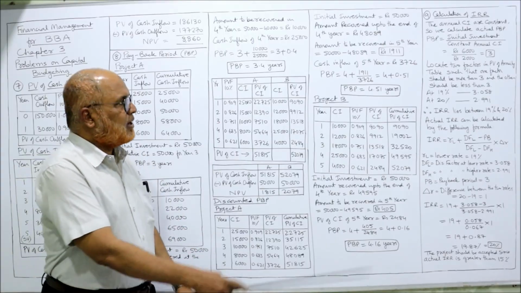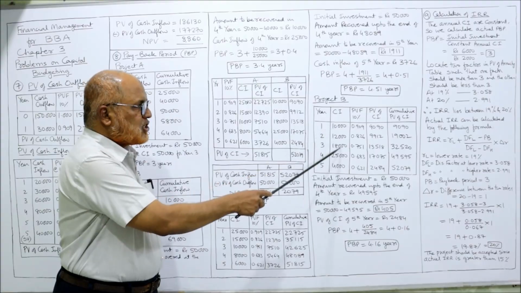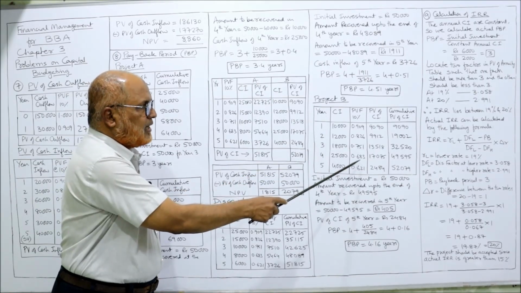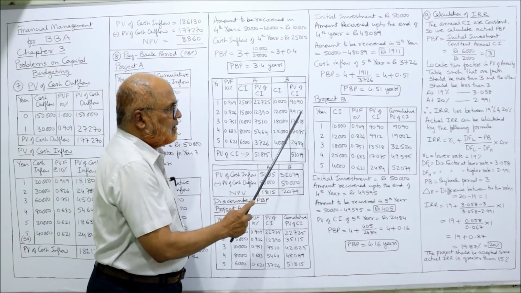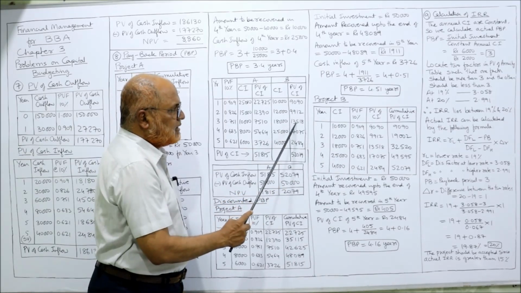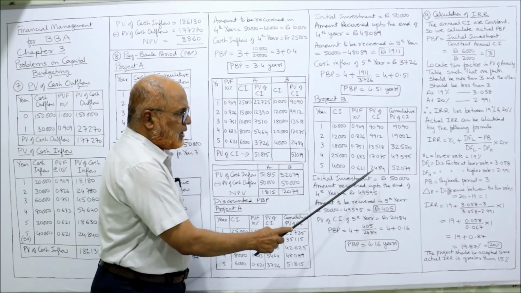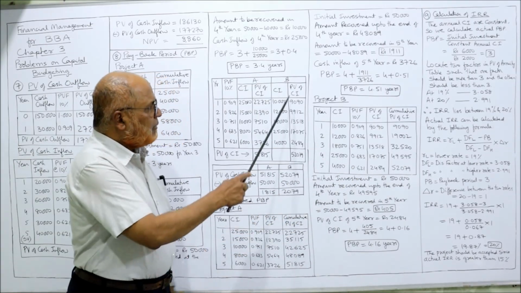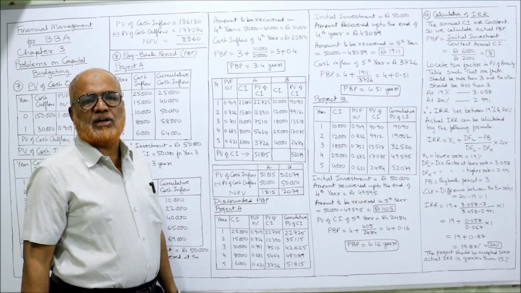Similar calculations we have to make for project B also. Here we have taken cash inflows, we have taken PV factors, we have taken PV of cash inflow. Here we have already calculated 0.909, 9,912, 13,518, 17,075 and 2,484. Already we have multiplied here. Now we need cumulative PV of cash inflow.